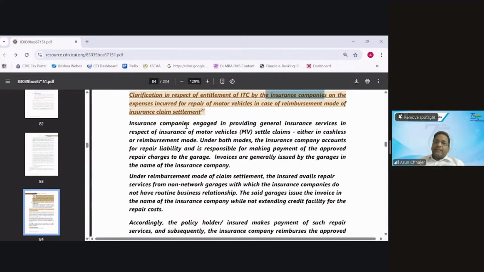Insurance companies engage in providing general insurance service in respect of motor vehicles, either in cashless or reimbursement mode. Under both modes, the insurer accounts for the repair liability and is responsible for making the payment of the approved repair charges to the garage. Invoices are generally issued by the garage in the name of the insurance company.